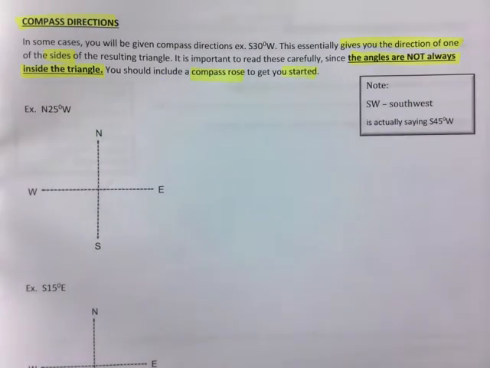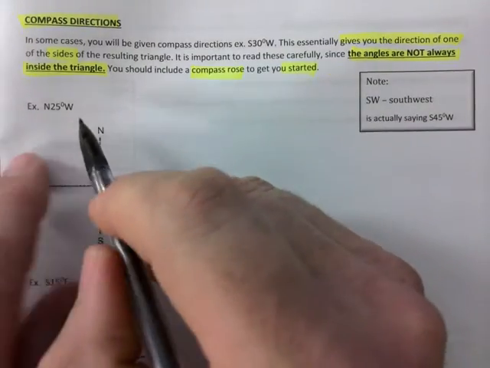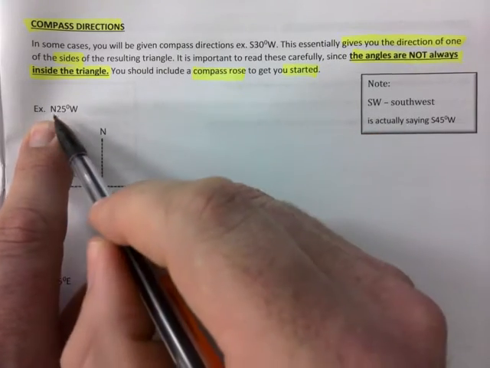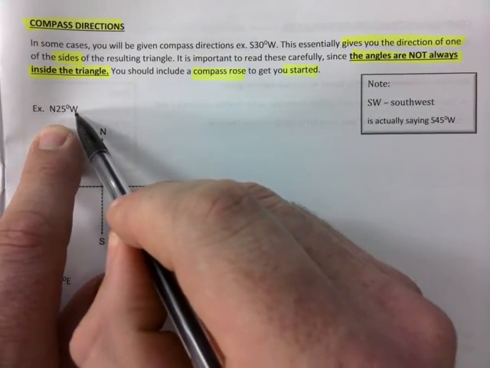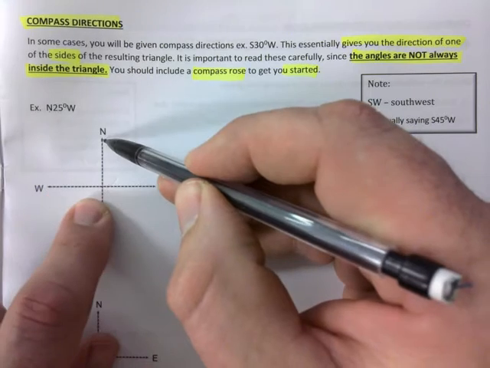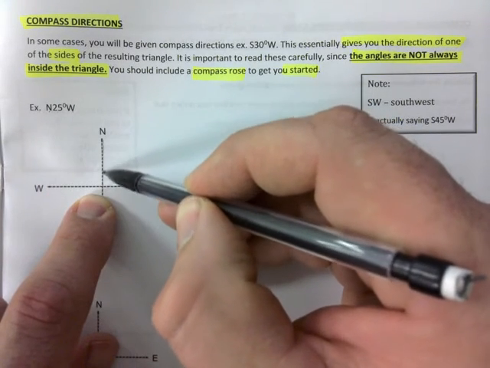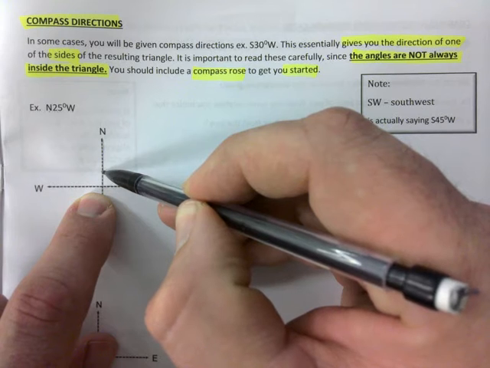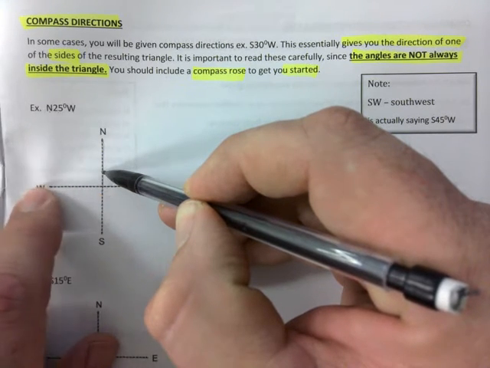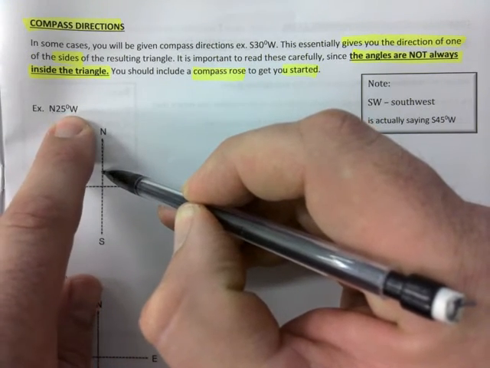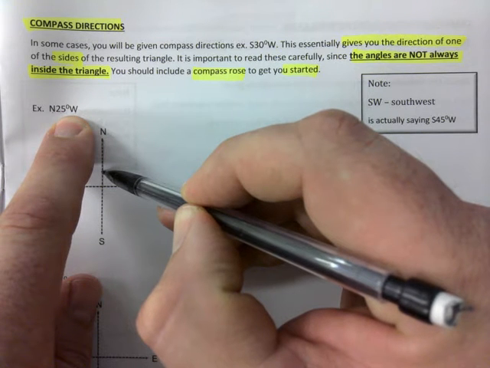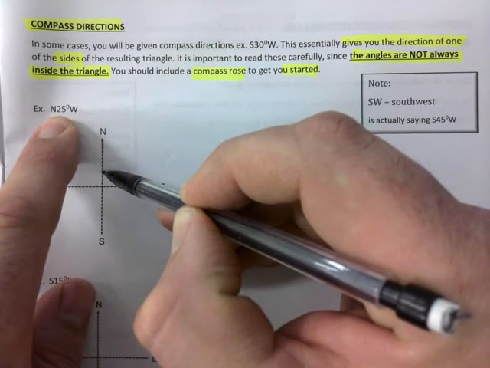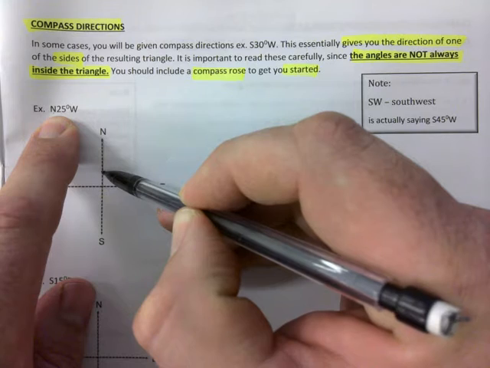Okay, so north, when you see this, you read it from left to right: north 25 degrees west. What does that mean? Well, you start north, so this is your starting point. And then you have to turn towards either west or east, and it's telling you to turn towards west, 25 degrees west.